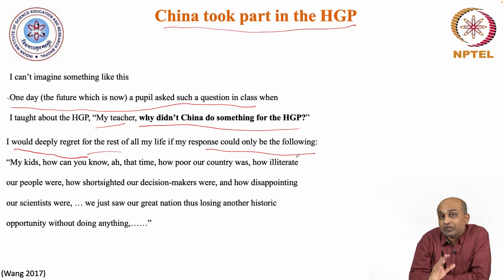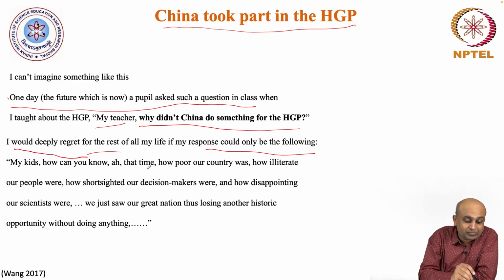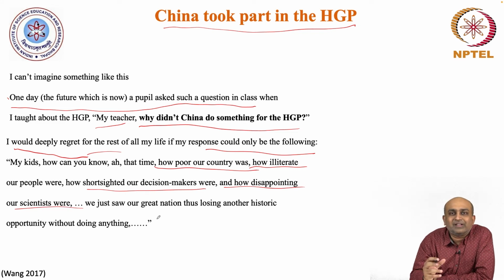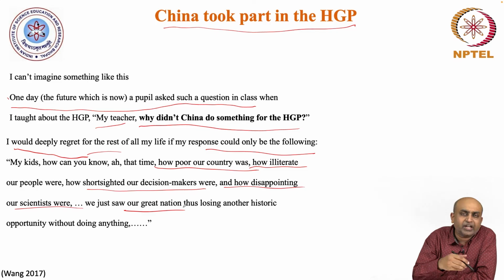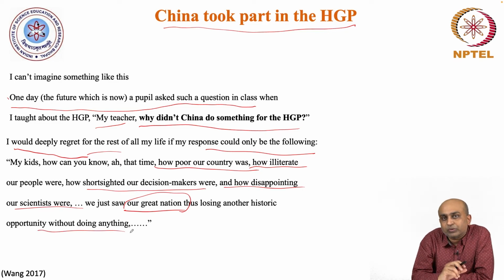But if it had not, the answer would have been something like this: the country was very poor, people were illiterate, decision makers were short-sighted, scientists were disappointing. So all of these are reasons why China, although everybody considers the country great, didn't become part of the HGP, and we lost out on this opportunity.